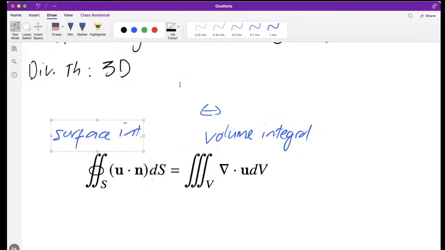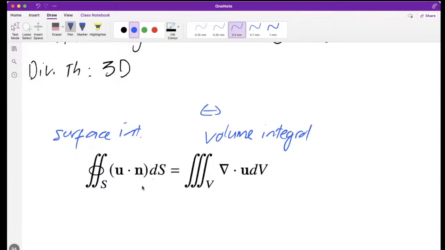Yeah. So what are the implications here? In certain problems or applications, it is easier to deal with volume integration. So to evaluate the surface integration, if the problem is easier with volume integration, then you would do the volume integral.